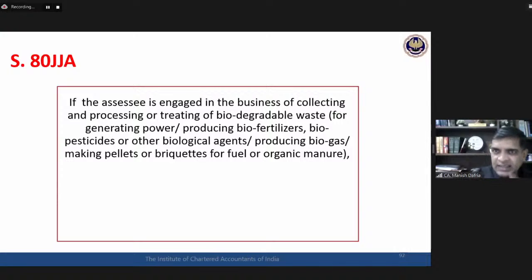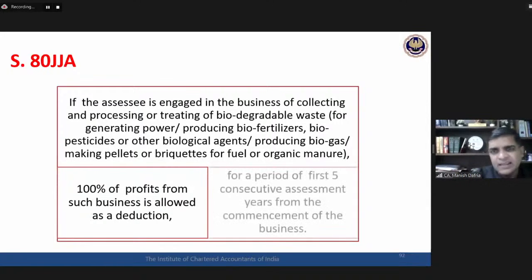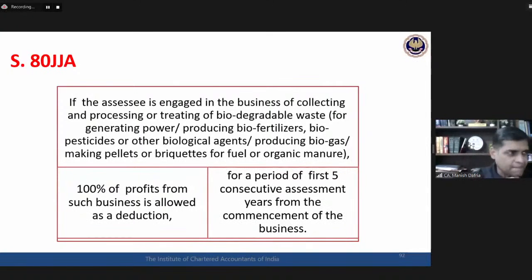He is collecting the waste, and then he is processing or treating this biodegradable waste. Then 80JJA deduction would be available to the assessee. 100% of the profits of this business would be allowed as a deduction. Plain simple. Whatever your profits, 100% would be allowed as a deduction for a period of 5 consecutive years.